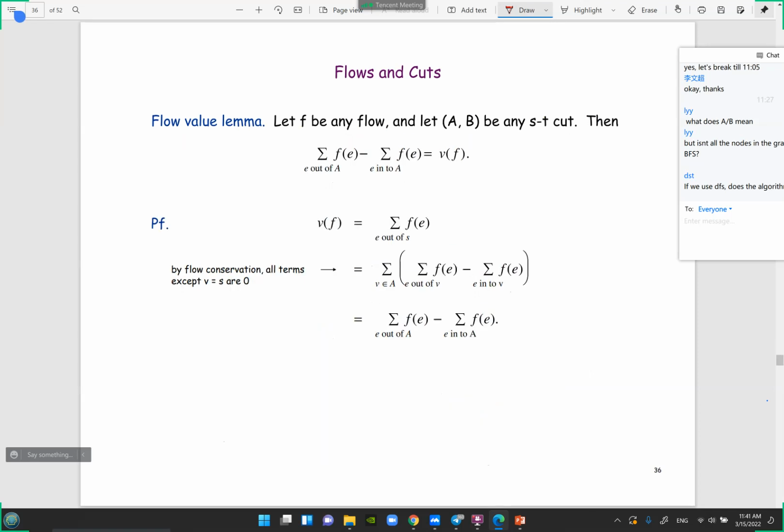Okay, in terms of how to prove this, the proof is actually pretty easy. What is the value of the flow?